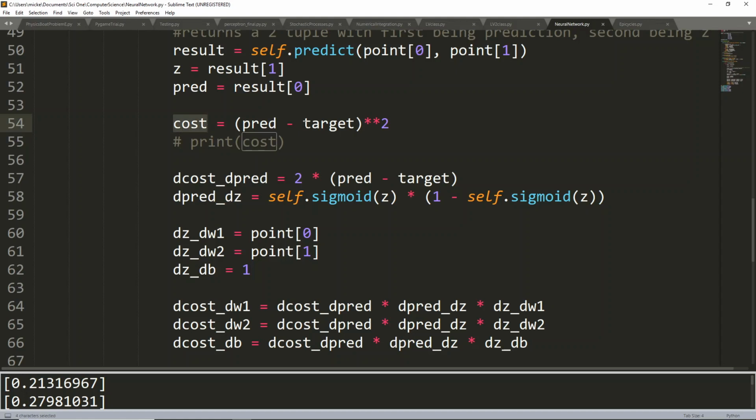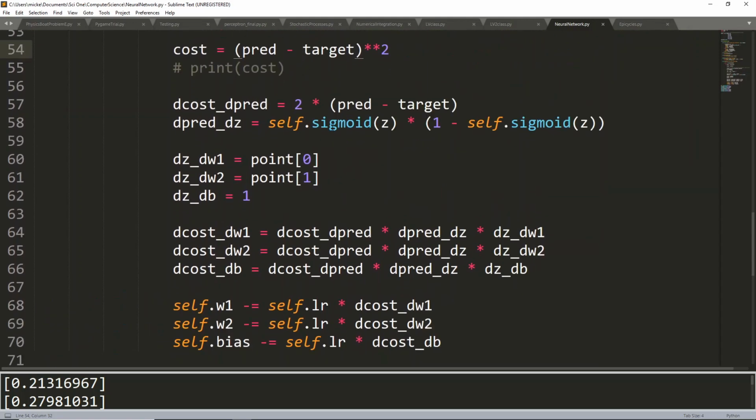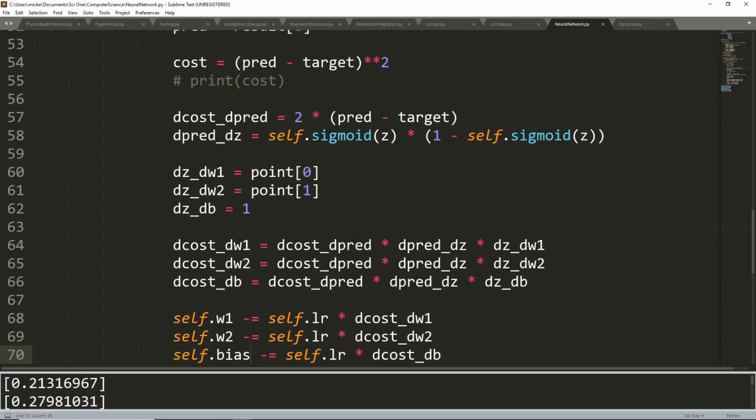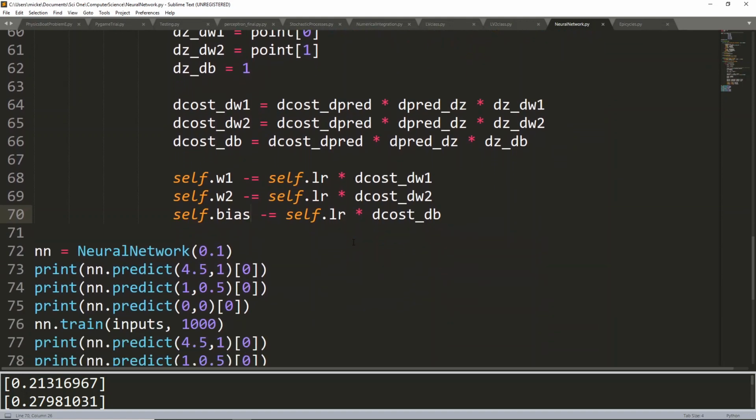And the cost is basically how wrong the neural network is. So it just does all this math, and it adjusts the weight and the bias, and then eventually the neural network becomes more accurate. Okay, so hopefully that makes some sort of sense. It's okay if it doesn't.